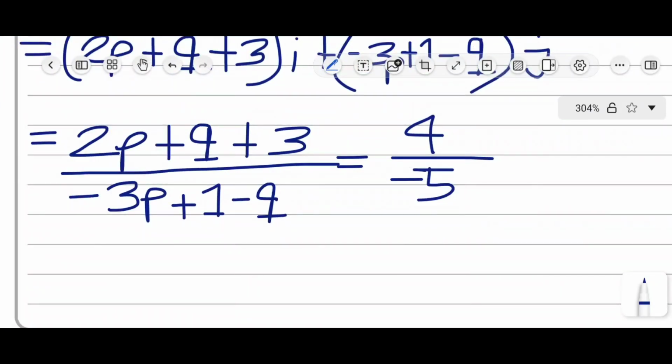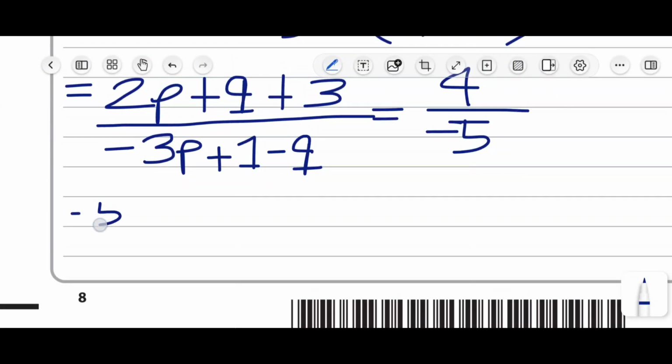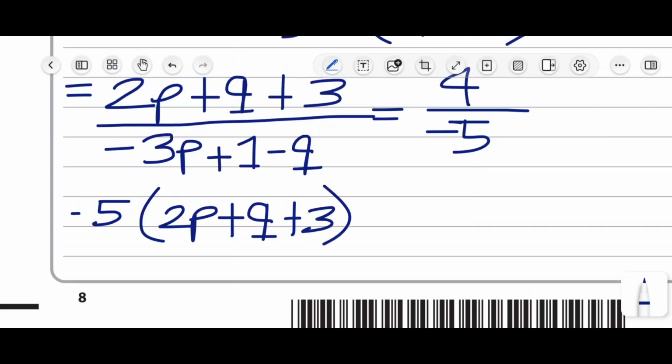Now we'll cross multiply this. Minus 5 into 2p plus q plus 3 equals, then this into this.